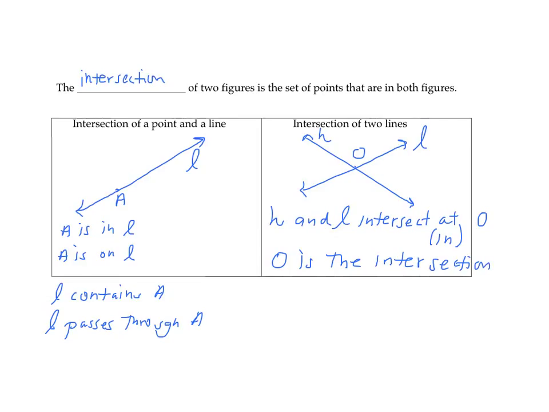So O is the intersection of line H and line L.